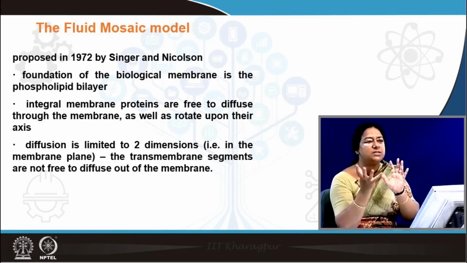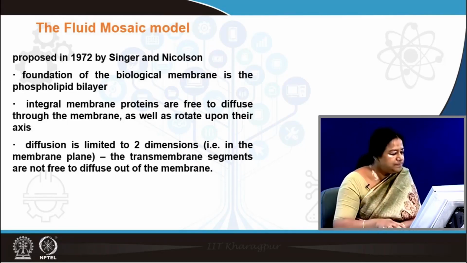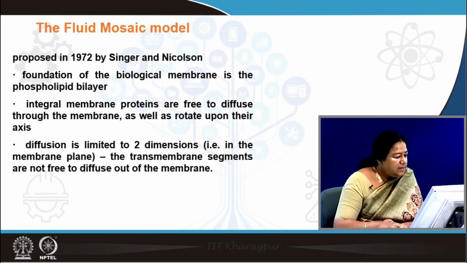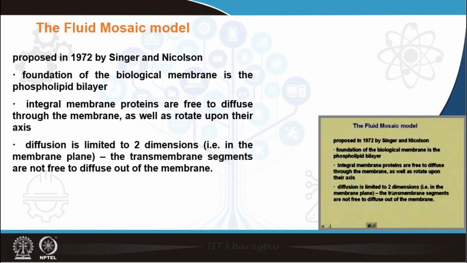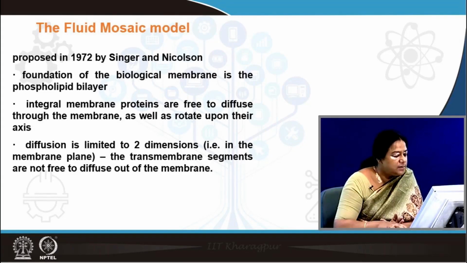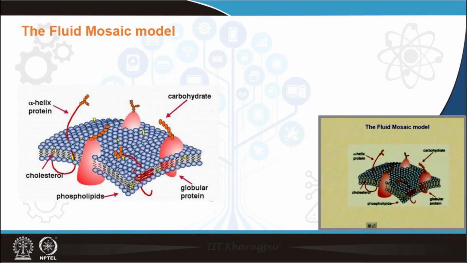So, it will have a constant favorable interaction. The diffusion is limited to 2 dimensions. The transmembrane segments do not flip flop; they remain as they are once they are embedded. So, we have something that looks like this. This is our fluid mosaic model.